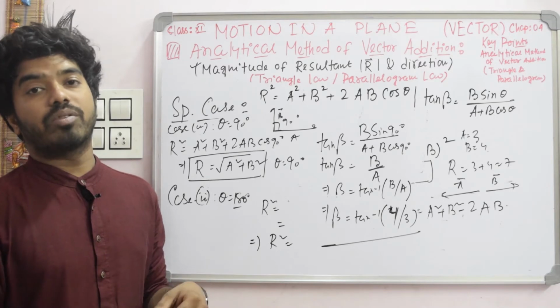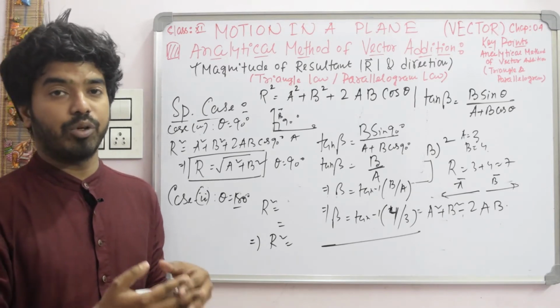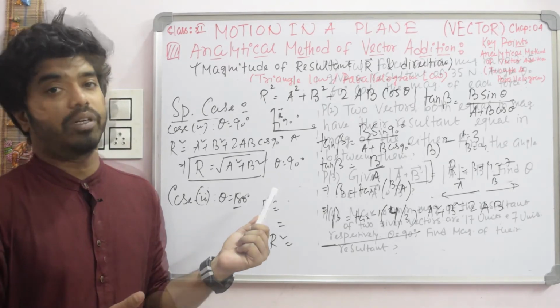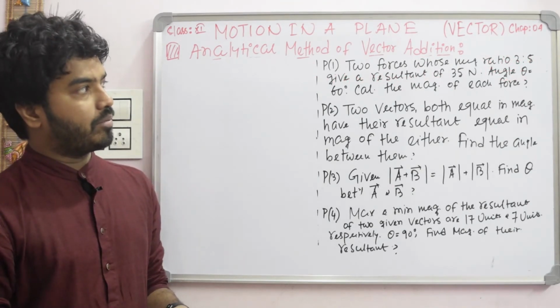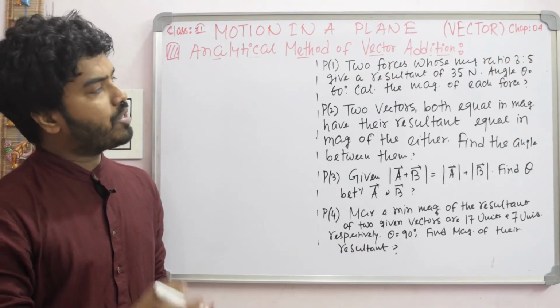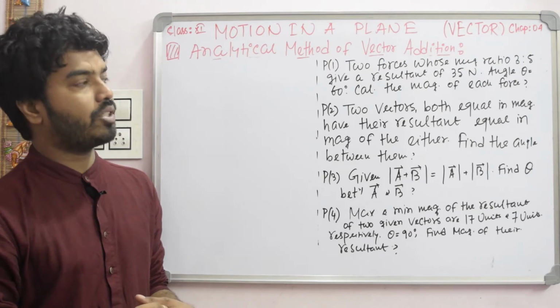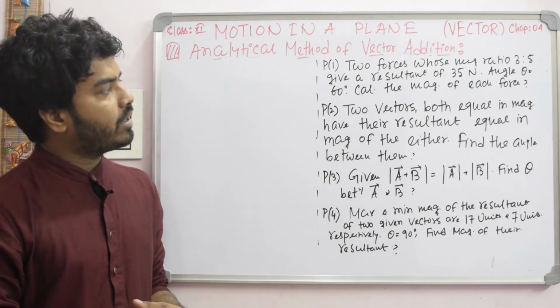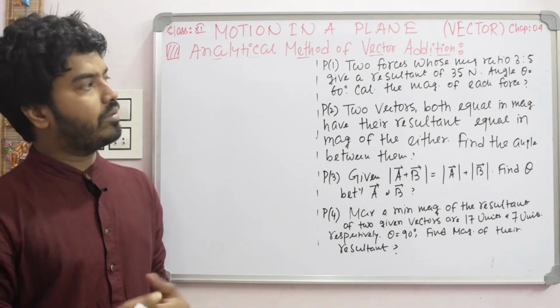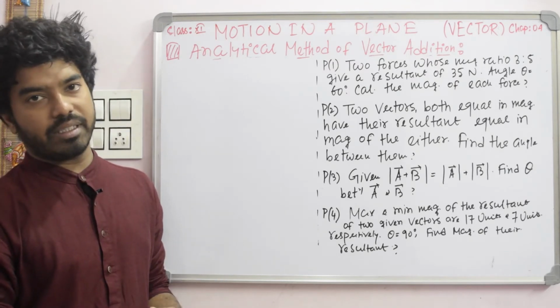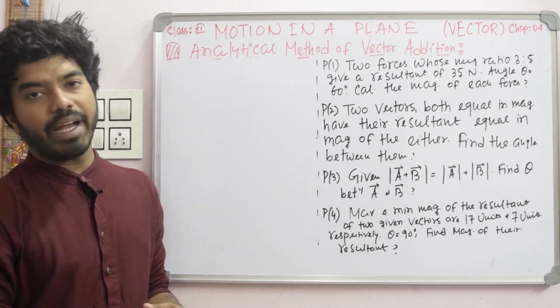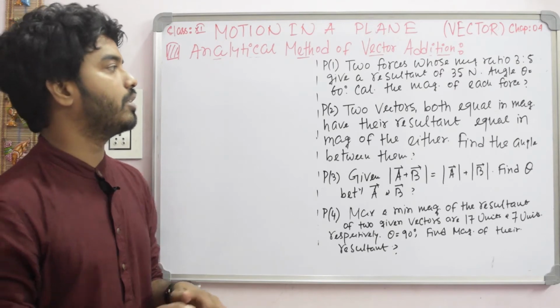Now we have to solve some basic numericals, some important numericals related to this formula. See problem 1, read it. Given two forces of magnitude ratio 3:5, resultant 35, angle theta 60 degrees. You have to find the magnitude of each force. Write it down.